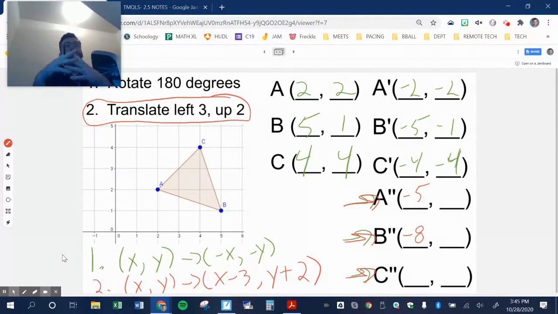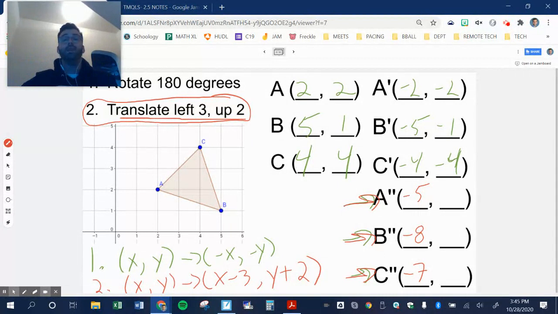What I want is my original triangle and my final transformation, which is the translation. So step 2 goes off of step 1. Think about it in order, 1 then 2. Sorry about that tangent. -4 minus 3 is -7.